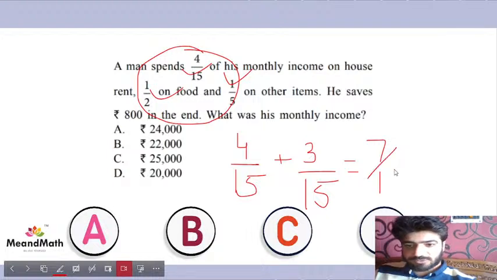Now in order to add that to 1 by 2, I'll have to change 7 by 15 into a like fraction to it. So 15 into 2 is 30, and 1 by 2 in order to change will be 15 by 30, isn't it? 7 by 15 will become 14 by 30.